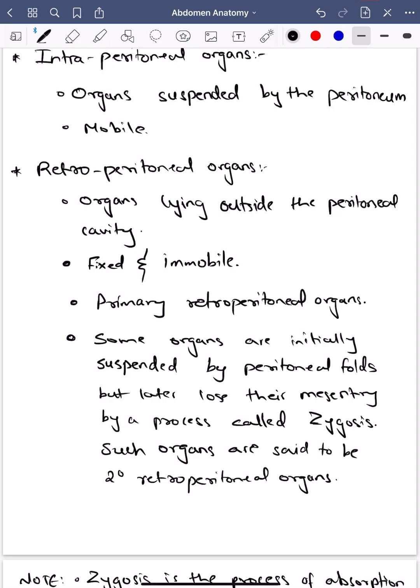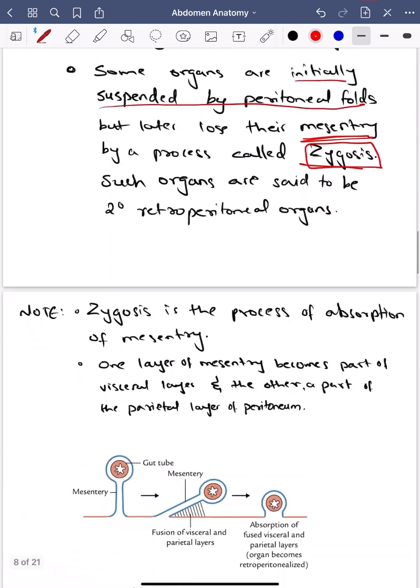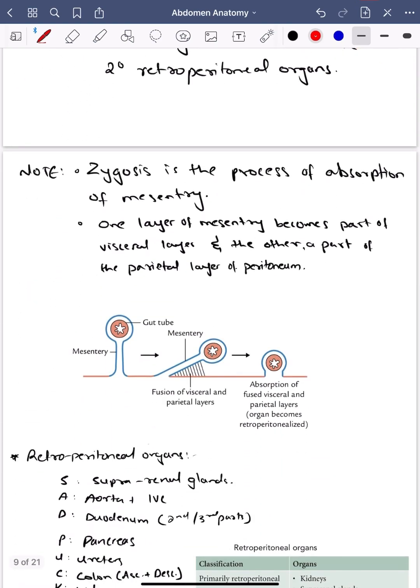Secondary retroperitoneal organs, on the other hand, are organs that are initially suspended by peritoneal folds but later lose their mesentery and become retroperitoneal. And the process of losing the mesentery is by zygosis. Okay. So if you want to have an idea, look at this diagram here. We have the gut tube and this is the mesentery.